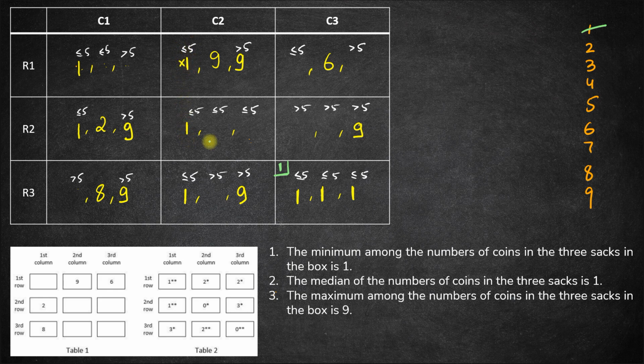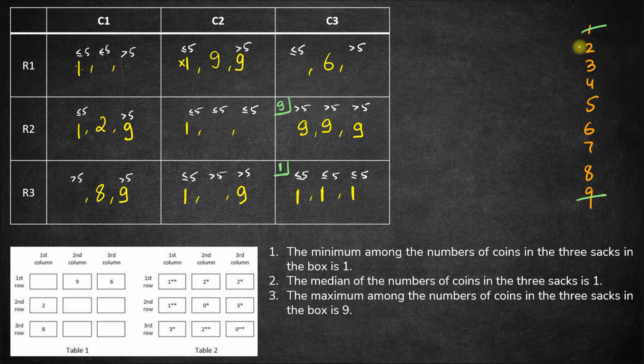So not possible here, not possible here obviously, and not possible here. So the only box which can contain all 3 sacks as 9 is this one. So the average of this box will be 9 definitely. Okay, so 9 is also done.